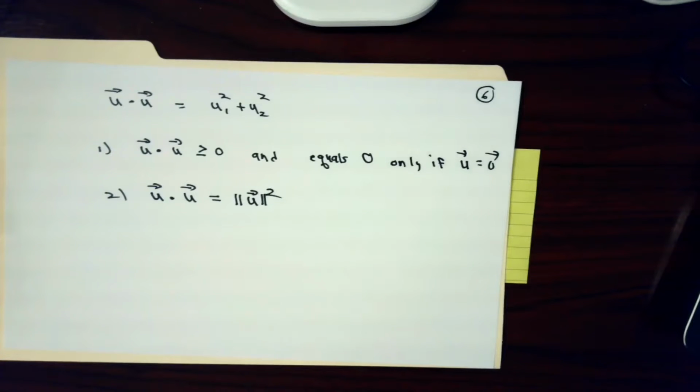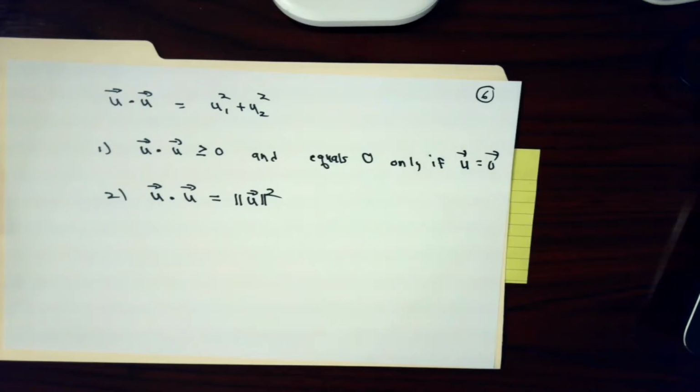In ordinary algebra, if you multiply a number by itself, say a times a to get a squared, the result is never negative. It could be 0, but that only happens when the number a itself is 0. If you look at u dot u, that would be u1 squared plus u2 squared. Those are actual numbers you're adding together, neither one of which is negative. So u dot u can't be negative, and the only way that it can equal 0 is if u is the 0 vector.